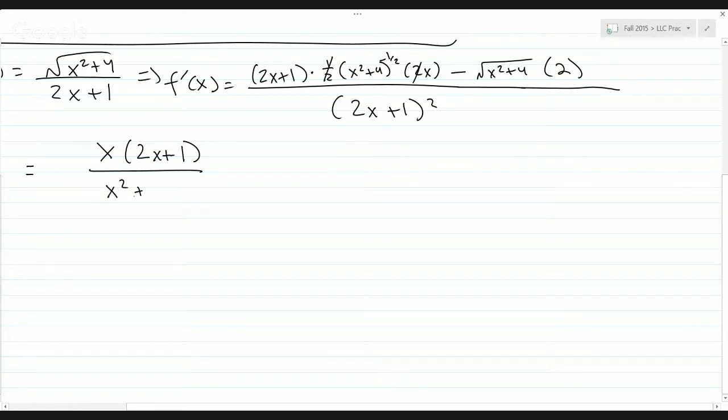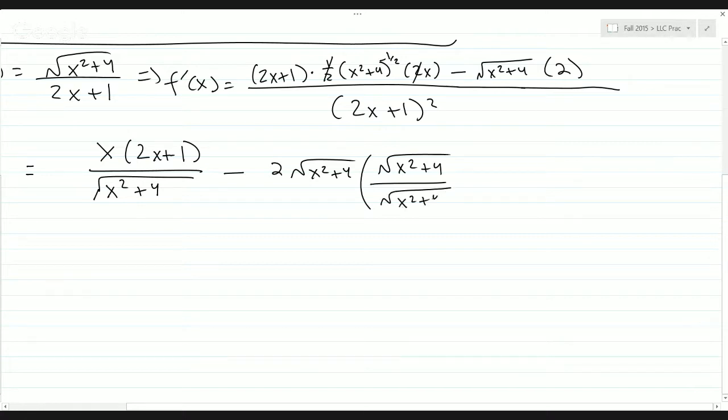We have x squared plus 4 and the square root of that in the denominator minus 2 times square root of x squared plus 4. And since we want common denominators, we can just multiply right here by the square root of x squared plus 4. And all of that is still over 2x plus 1 squared.